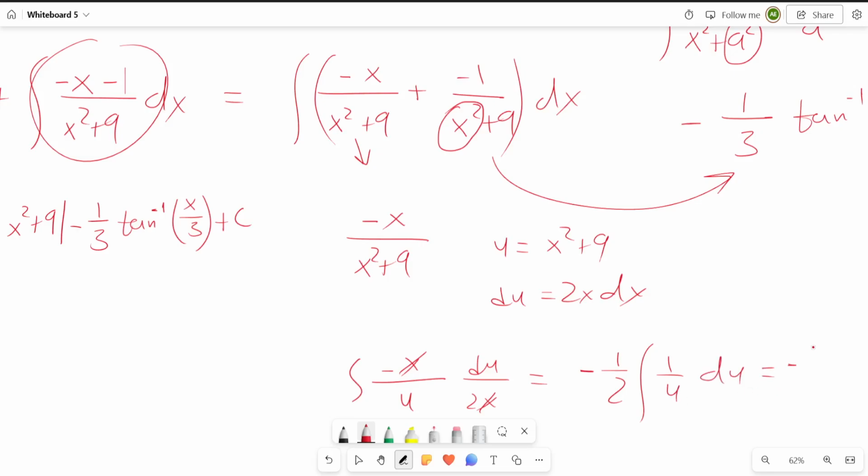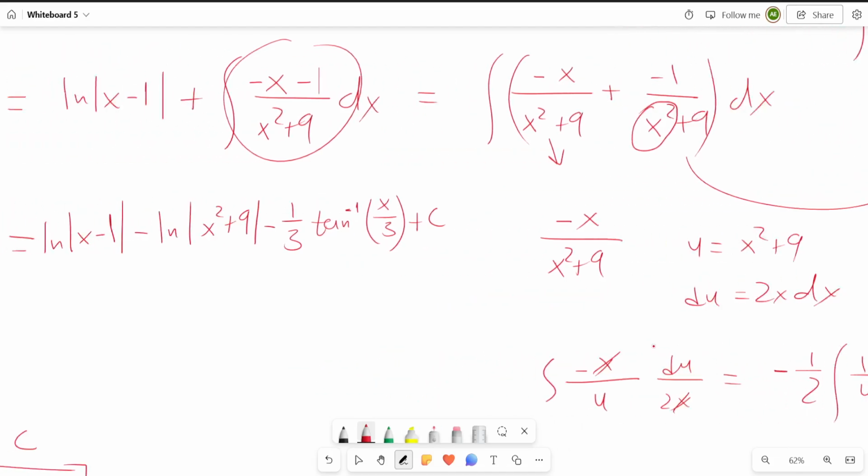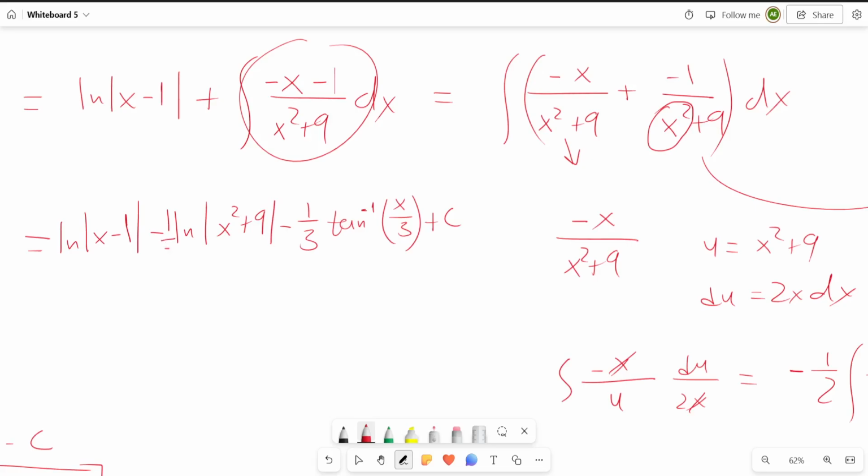So it's equal to minus 1 over 2 ln of u, and u is x squared plus 9. So this over here is just minus 1 over 2. I just need to add minus a half ln x squared plus 9, then minus 1 over 3 tan power negative 1 of x over 3, and not forgetting my constant of integration.